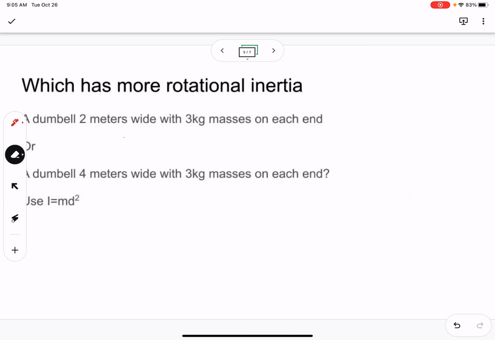So the two dumbbells have the same mass, 3 kilograms, but one is twice as long as the other. So this is 2, this is 4.